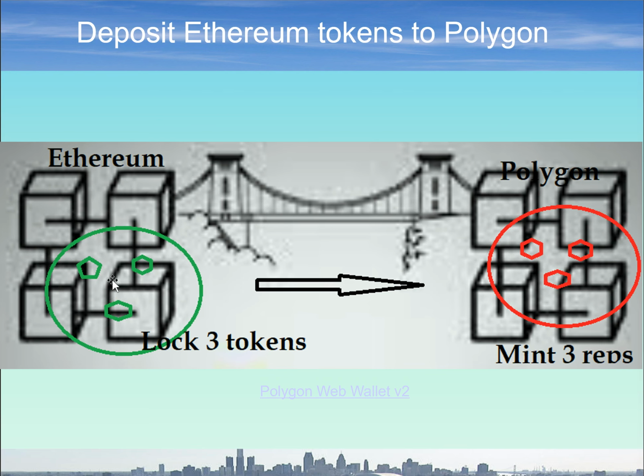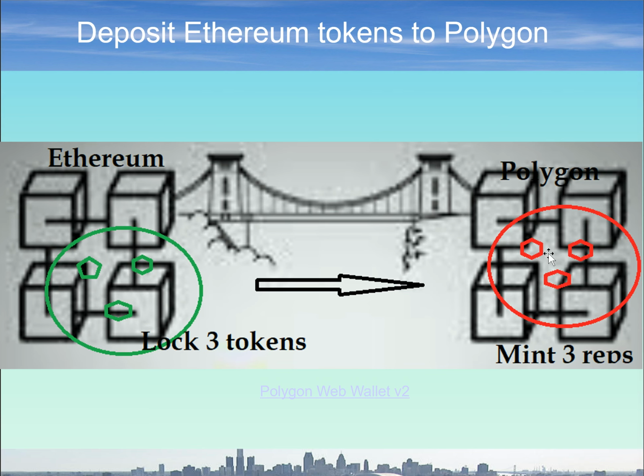They are locked into the smart contract. You cannot move them around anymore. They are just locked over here. Okay, and then these three representatives become active. The originals are locked in prison, and these become their representatives that are going to be active on the Polygon blockchain.